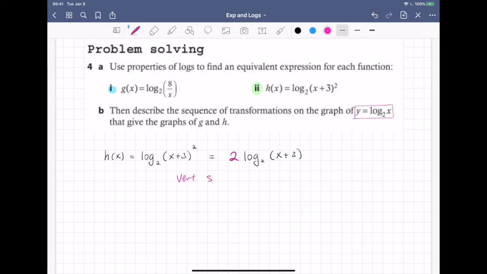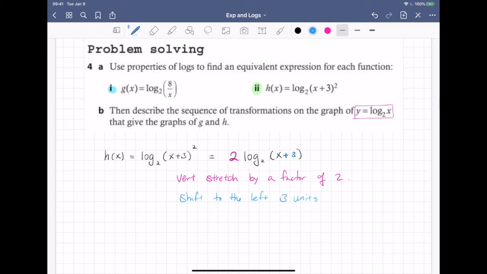Vertical stretch by a factor of 2. And what is the plus 3 doing here? This plus 3 is moving the graph, shifting it to the left 3 units. Shift to the left 3 units.